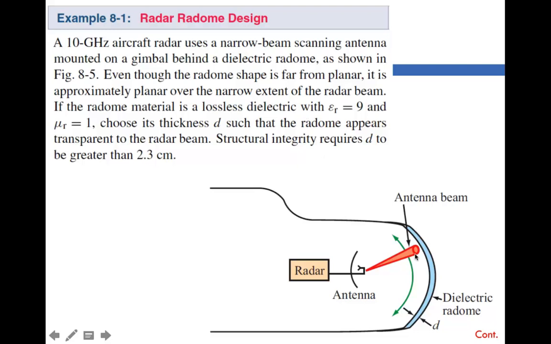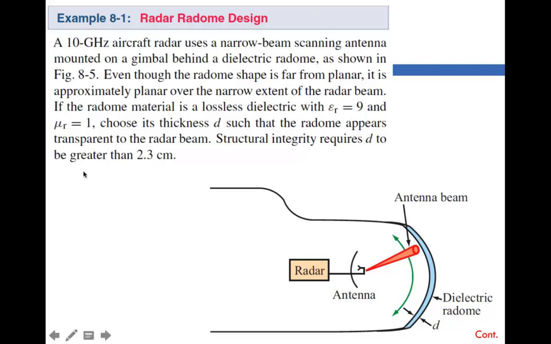The radome shape is not planar, but because the beam is very narrow, we can approximate it as planar. We can also say it is a lossless dielectric in this example, epsilon relative 9 and mu relative 1, so non-magnetic. And we'll choose its thickness to be D.